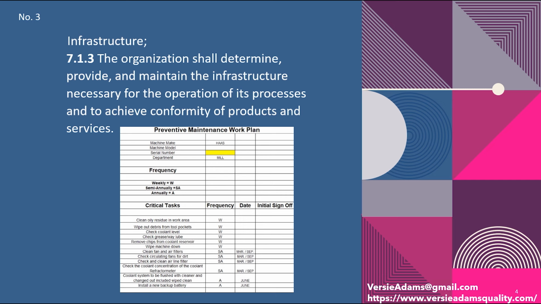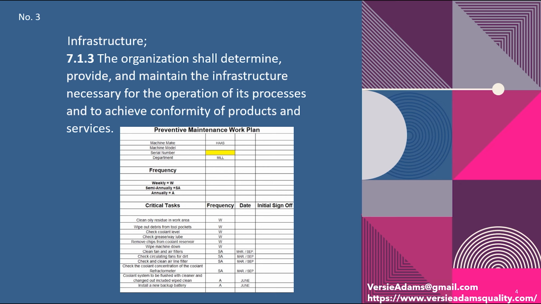In this example, this is a preventive maintenance work plan for a Haas mill, and it defines the critical task, the frequencies, the dates that task needs to be performed, and the initials of the person performing that maintenance task.